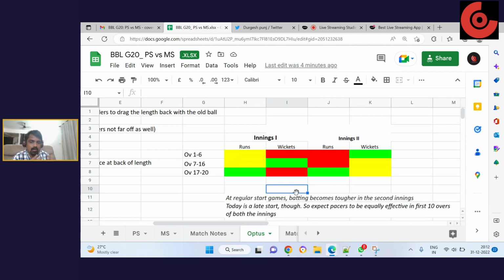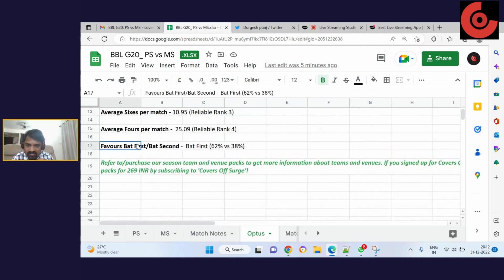You have to take into account the team strength, and the stronger team should still be the most important factor. Then and only then all of these stats come into play. Only then these phase-wise stats come into play, and only then this favors batting second. For example, it doesn't mean if Sri Lanka bat first, they'll have a 62% chance of winning a match.